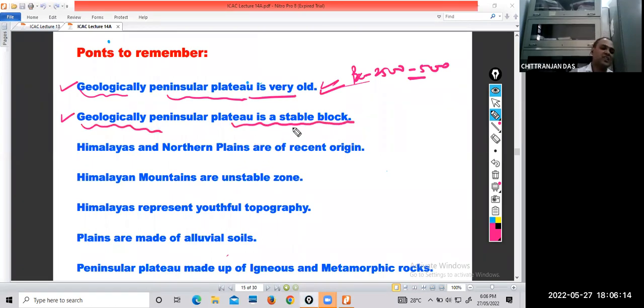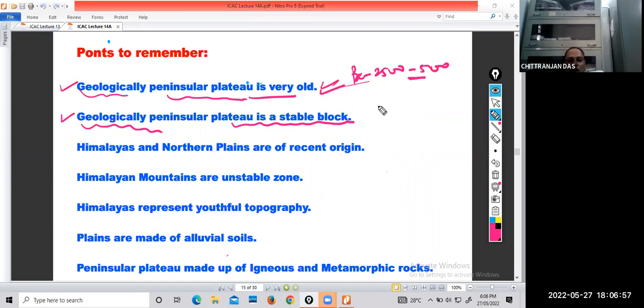So what do you mean by stable block? Tell me. Why am I calling the peninsular plateau a stable block? Who is going to answer this? Think about it and tell me why geologically the peninsular plateau is a stable block. Okay, answer me.